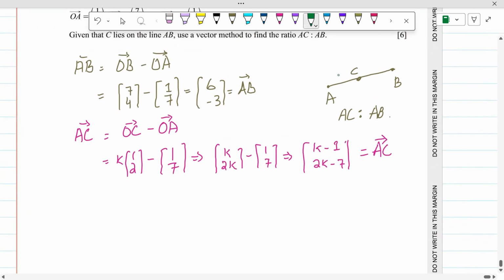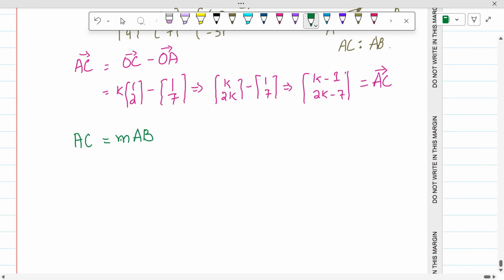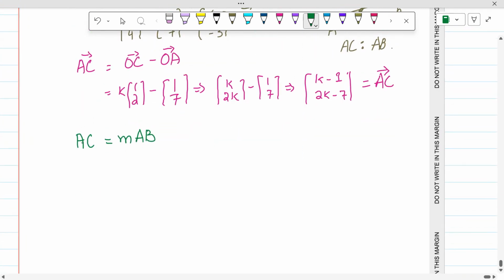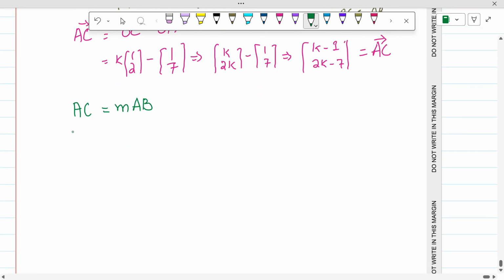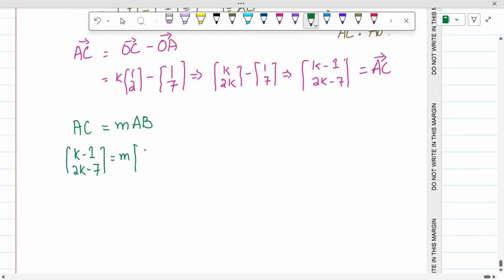Now to find the ratio, we consider that AC is equal to m times AB. When we multiply some constant with AB, we get the AC. So plugging the values of AC and AB we just calculated, we can find the two equations. AC, (k minus 1, 2k minus 7), is equal to m times AB, which is (6, negative 3).